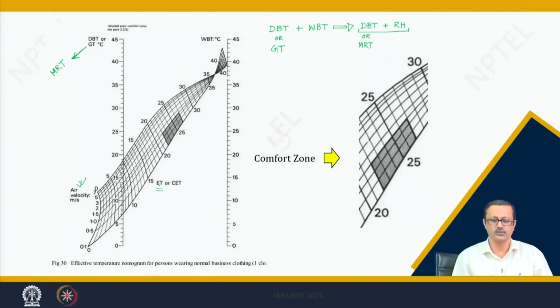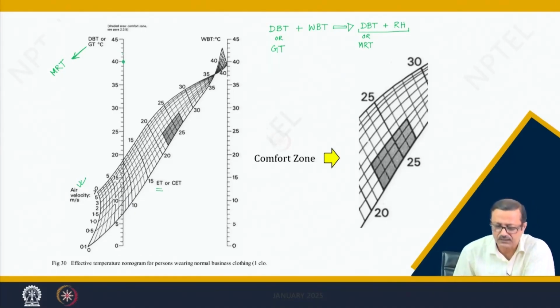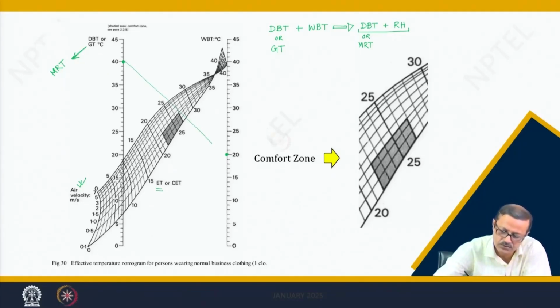Now, how am I going to decide? Suppose my DBT or MRT or the globe temperature is 40 degrees. At that time the WBT is, suppose, about 20 degrees. So, I will connect these two points, and if I draw this line, it goes like this.